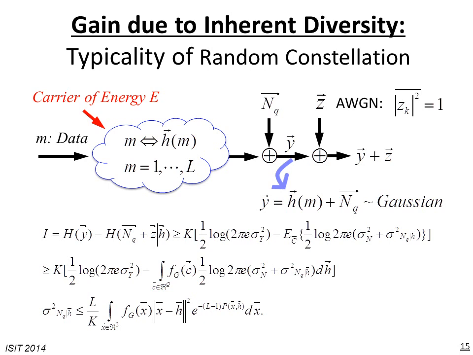To come to the last line, essentially this sigma square of NQ conditioned on H is the variance of the quantization noise, and we show that this variance is less than the expression you see at the end, and this goes to 0. Now I use the word upper bound.